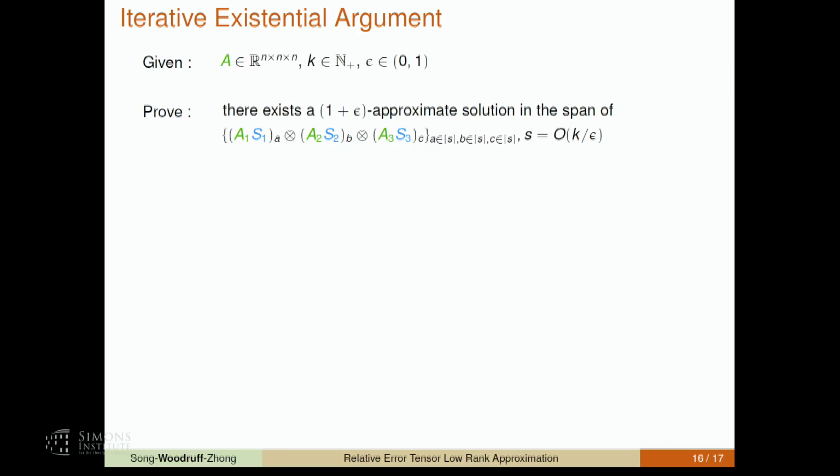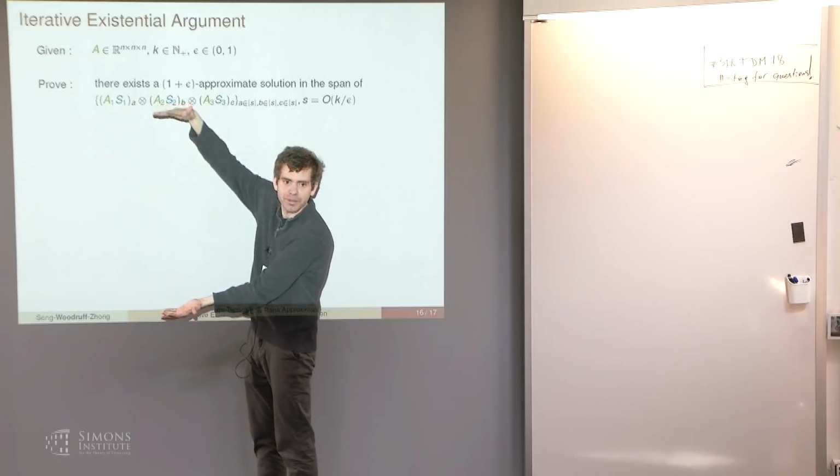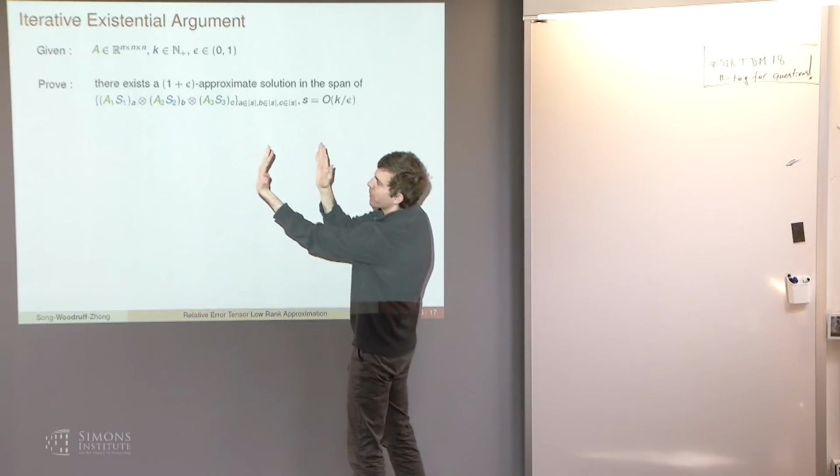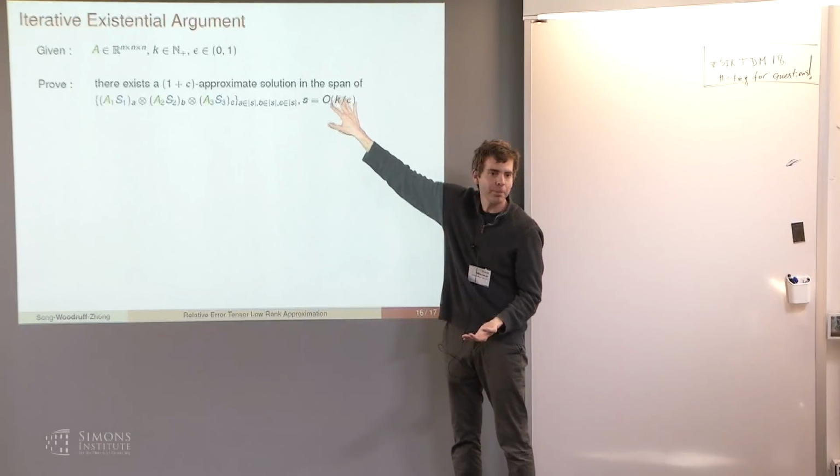Then what we do is we choose a random matrix, S1, which is, say, a random Gaussian matrix. It's going to have n squared rows, and it's going to have a really small number of columns. The number of columns is s. It's going to be order k over epsilon.